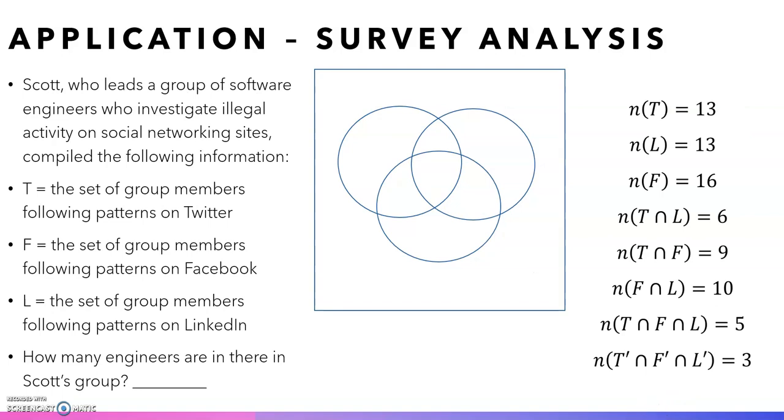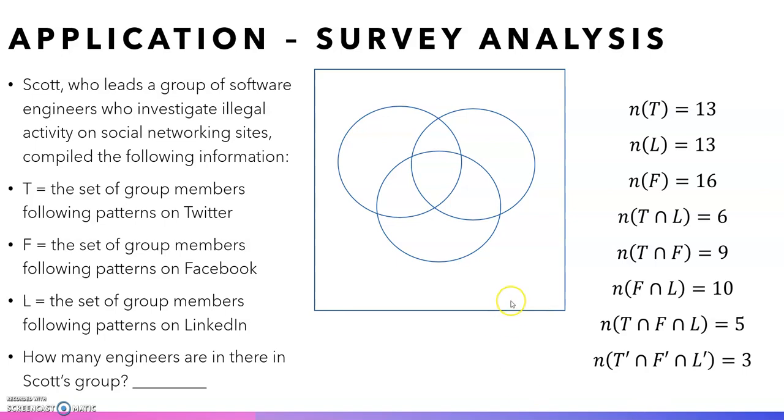Scott, who leads a group of software engineers who investigate illegal activity on social networking sites, compiled the following information. T is the set of group members on Twitter. F is the set of group members following patterns on Facebook. L is the set of group members following patterns on LinkedIn. We need to answer the question, how many engineers are there in Scott's group?